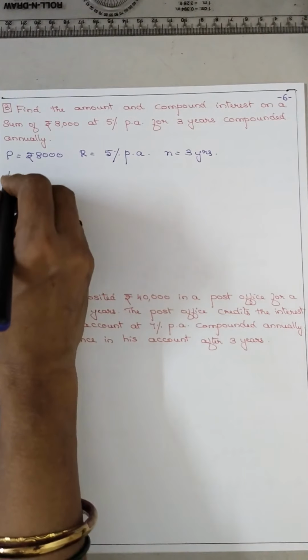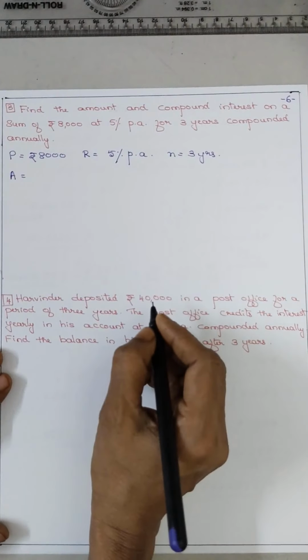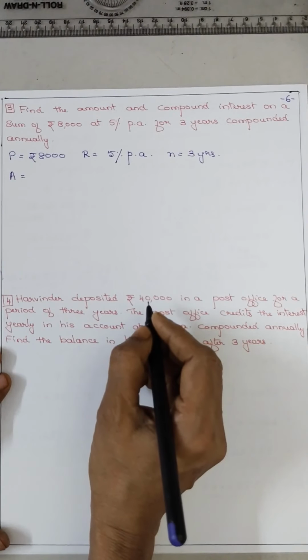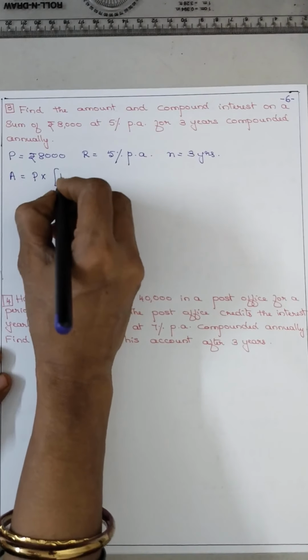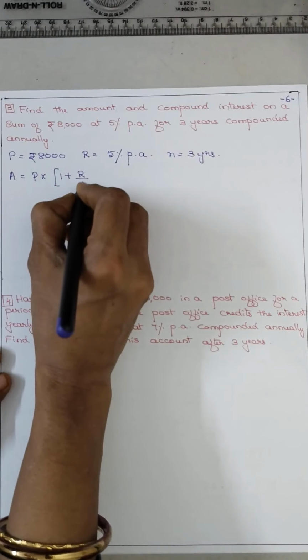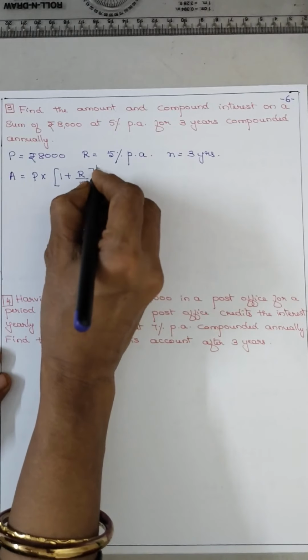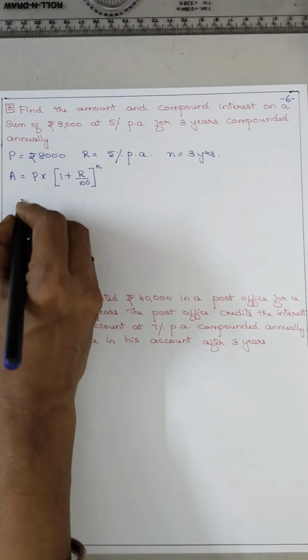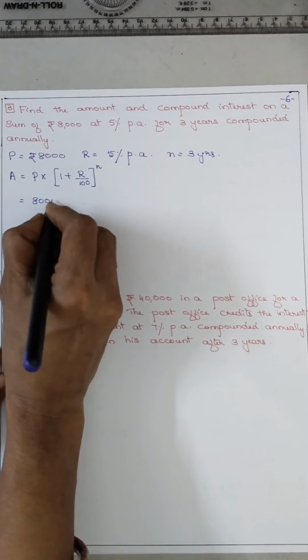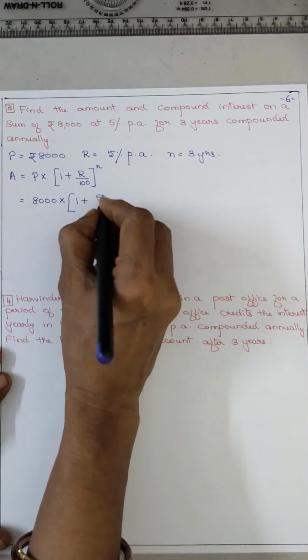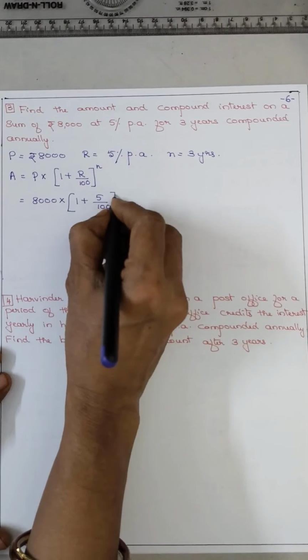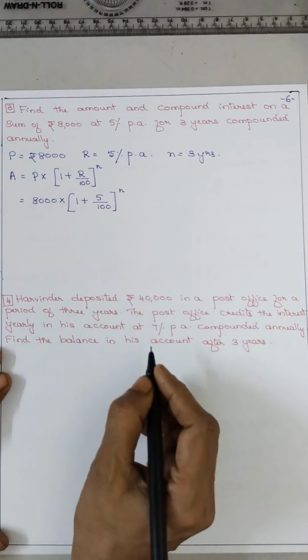Now A, both amount and CI they have asked. A is equal to P into 1 plus R upon 100 the whole power N. It is 8,000 into 1 plus 5 upon 100 the whole raised to N.